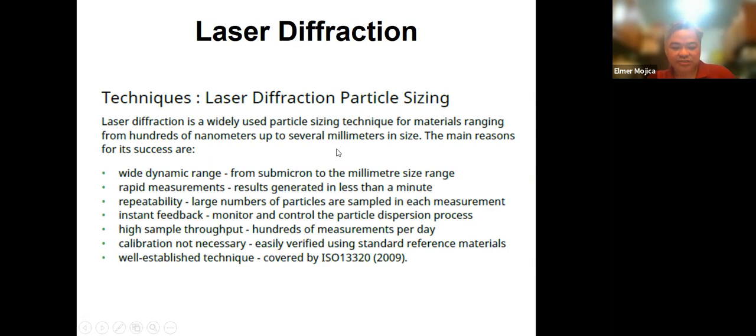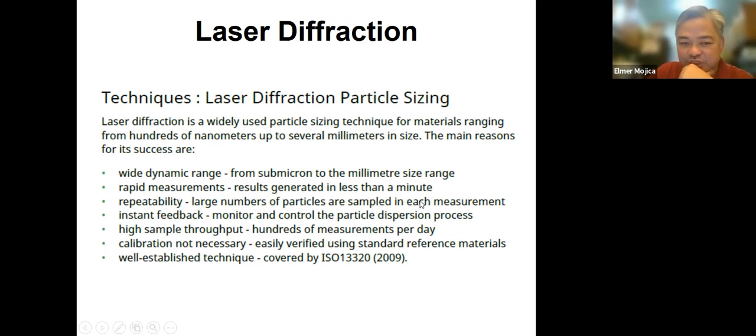The main reasons for the success of laser diffraction, as shown in the table: it has a wide dynamic range, from submicron to millimeter size range. It has a rapid measurement. You can get the results in less than a minute.